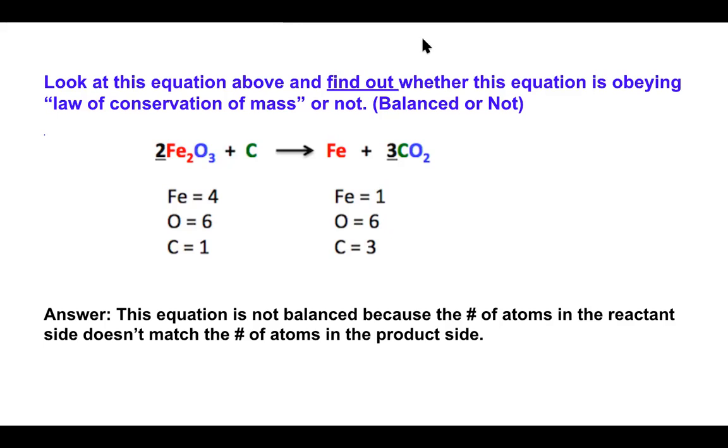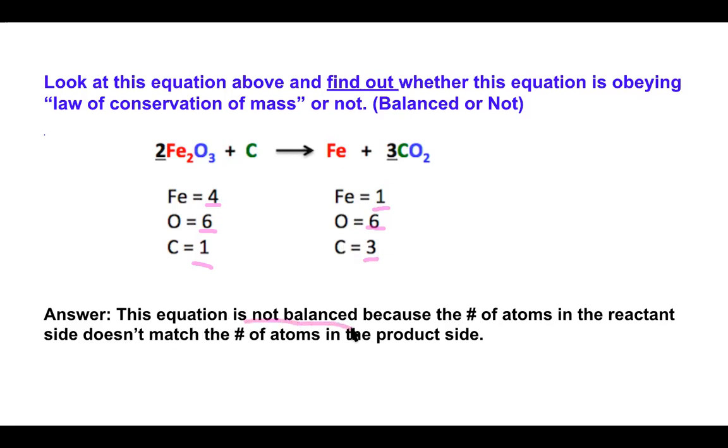Before there are four iron, but after there is only one iron, and there are six oxygen before, after six oxygen, check. Before only one carbon, after it says three carbon. So something is missing. So it's not obeying law of conservation of mass. So the answer: the equation is not balanced.